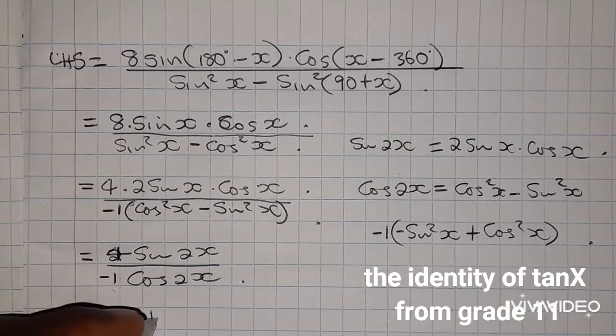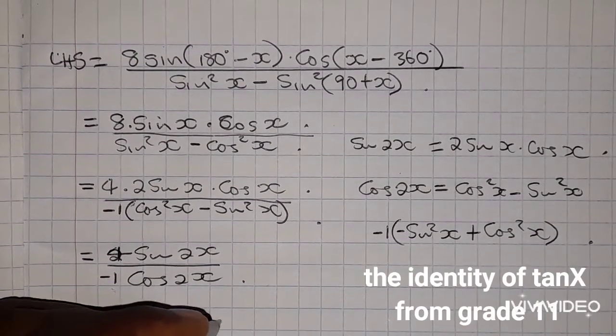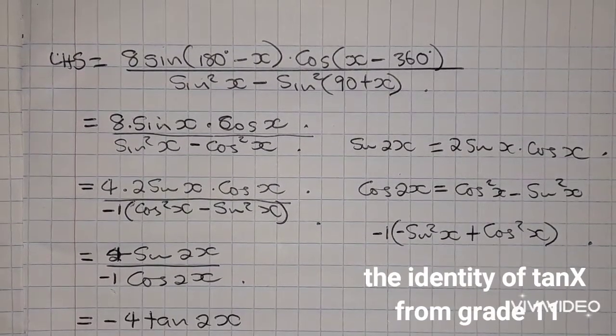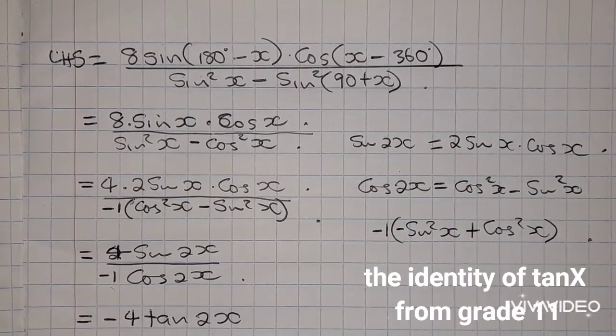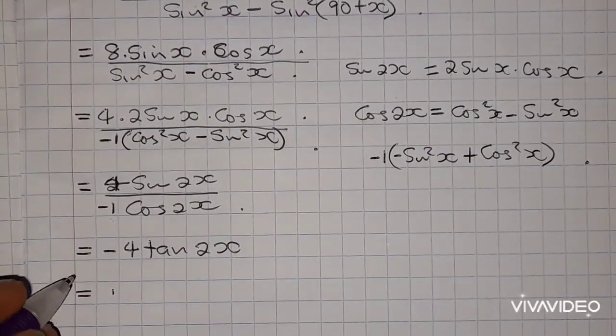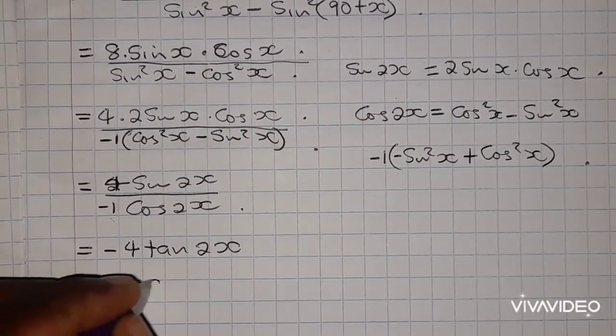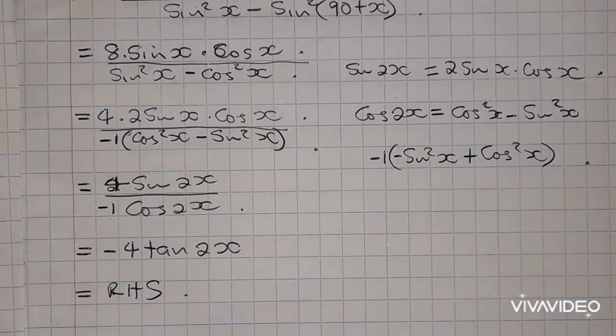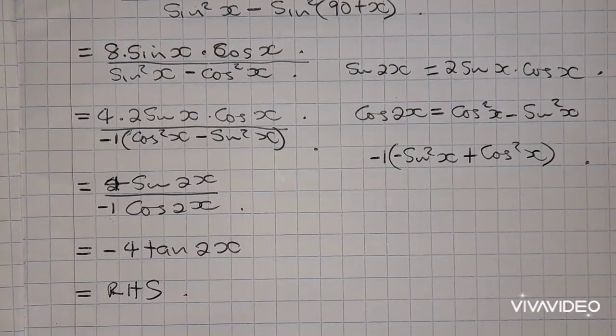Remember, it is tan 2x, and this is equal to the right hand side. We have proved our identity.